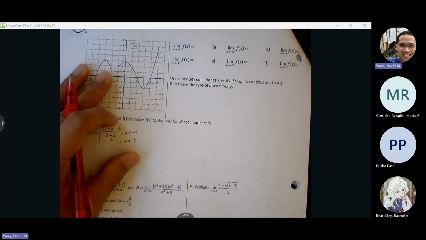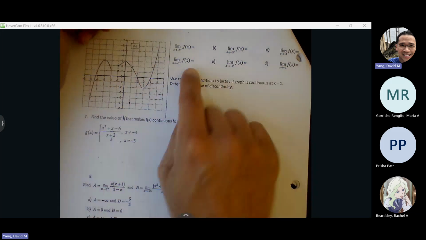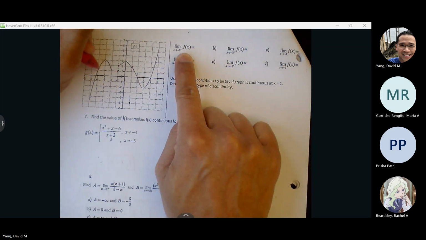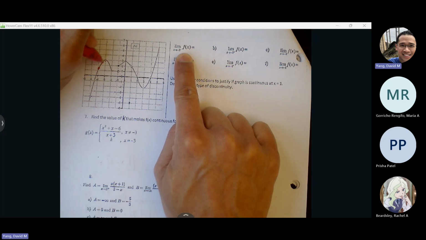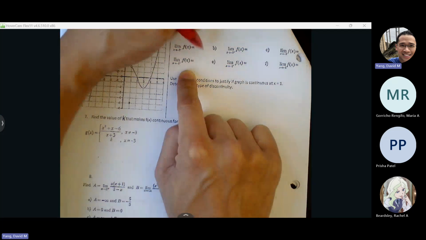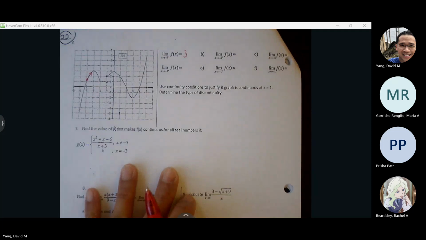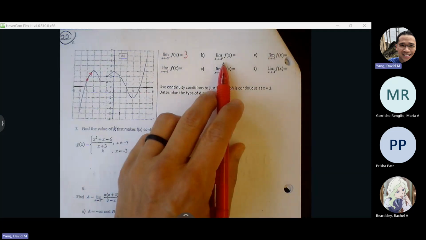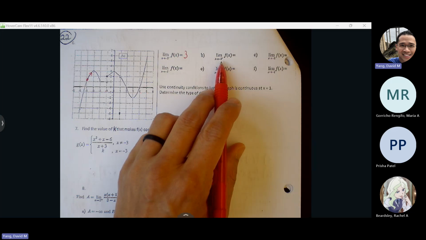It's hard to read here. -3 from the left side of -3. Take a point to the left of -3, follow the arrow. The arrow is leading you to a y value of 3. Part B, approaching -3 from the right side of -3. So now pick a point slightly to the right side of -3. Follow that path. It's also taking me to 3.